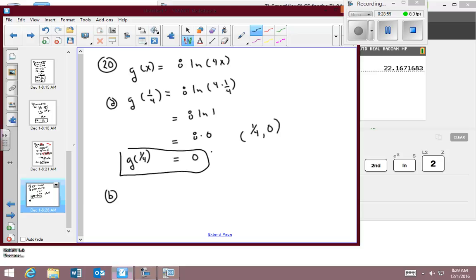The b says find g of e. So that's 8 ln of 4e. Now we can find what that ln of 4e is. It's going to be a number.